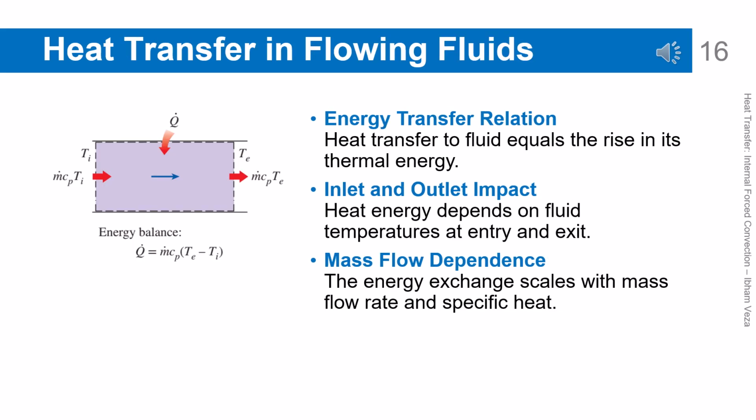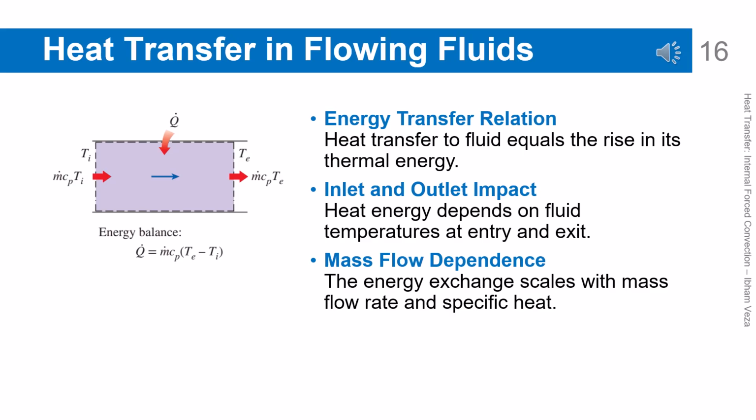Heat transfer in flowing fluids is equal to the increase in its thermal energy. Mathematically, this relation can be written as Q dot equals m dot times Cp times (Te minus Ti). The inlet and outlet temperatures determine how much energy is absorbed or released.